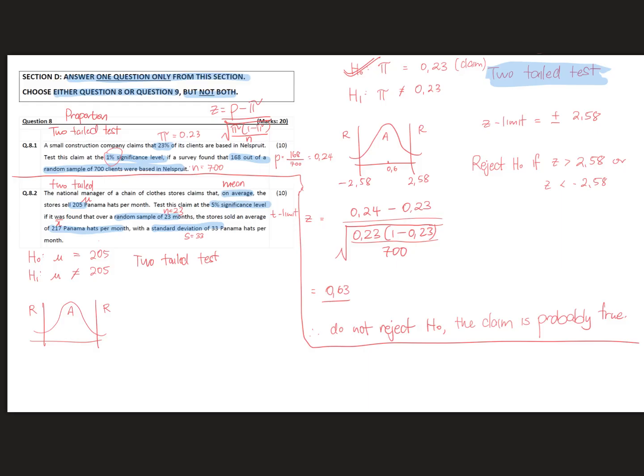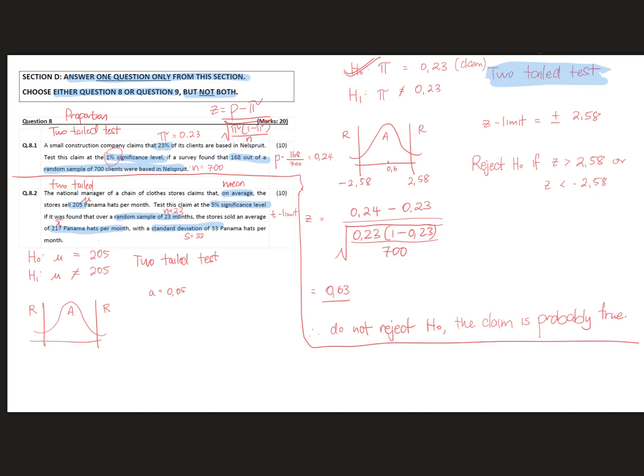We need your level of significance, which they said to us was 5%. So I'm just going to write down here, alpha is equal to 5%, which as a decimal is 0.05. Remember, alpha represents your level of significance. So your level of significance is equal to 0.05.